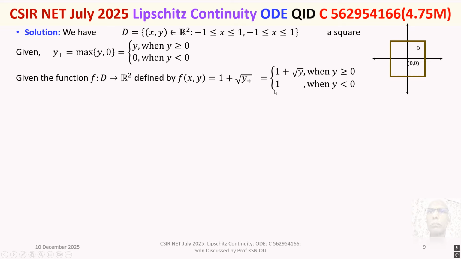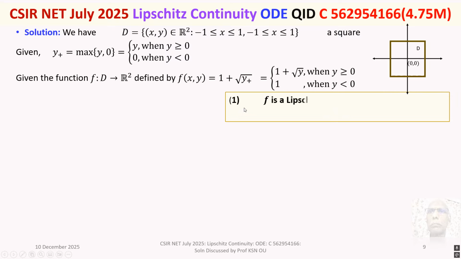This is equal to 1 plus root y when y is greater than or equal to 0, and equal to 1 when y is less than 0. You can very clearly see that this is continuous at y equal to 0 also.